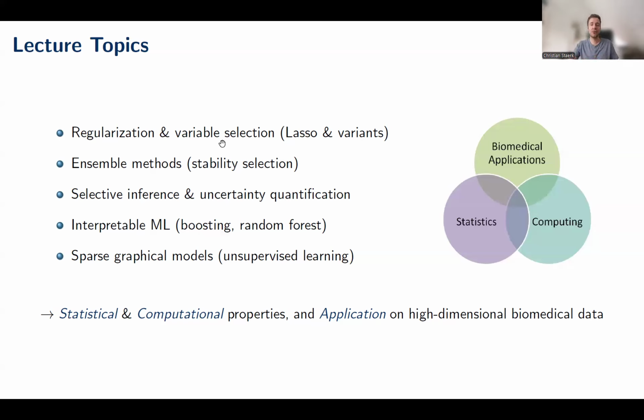So the first four topics I discussed will be on supervised learning, where you have variables and one outcome variable you want to predict. And in the last part, unsupervised learning, you just want to understand the relationships between variables. Let's say you have genes and you want to estimate conditional independencies between the genes to have a gene network. And for this, we will also use tools from graph theory to get sparse graphical models.